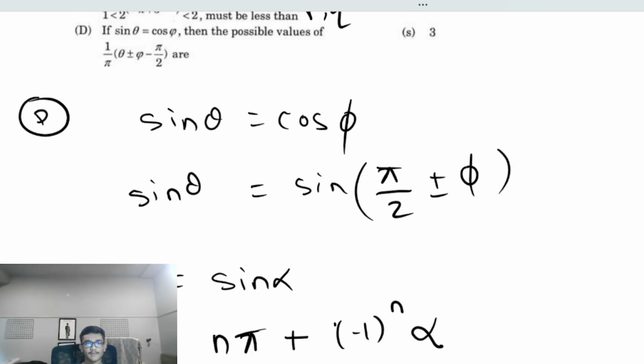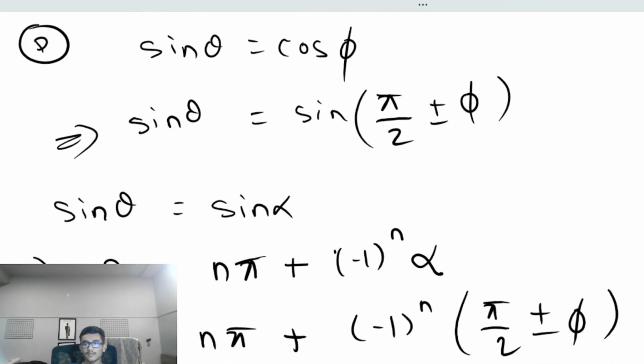So if I use my general solution for this thing, I'll get theta as n pi plus minus 1 to the power n, and alpha will be this thing, pi by 2 plus or minus phi.